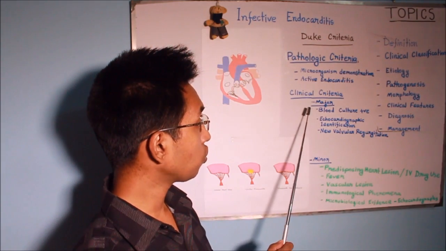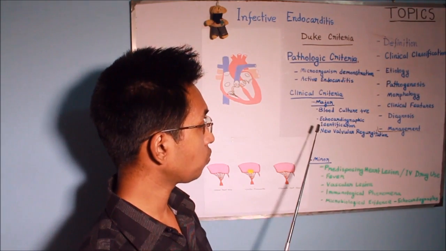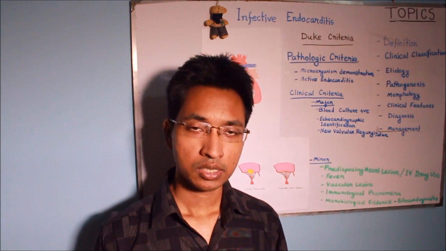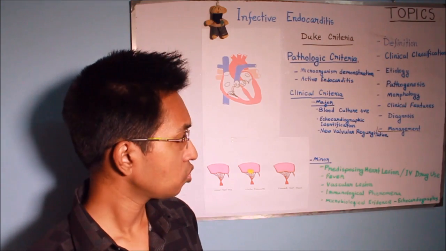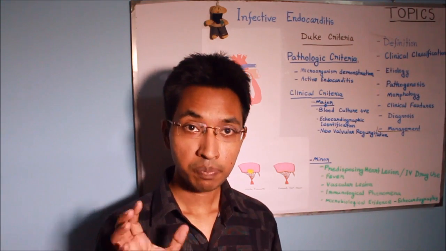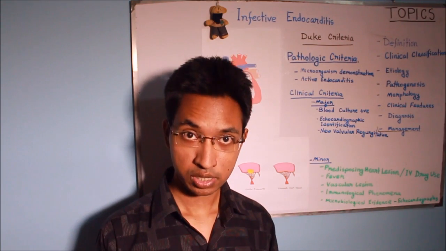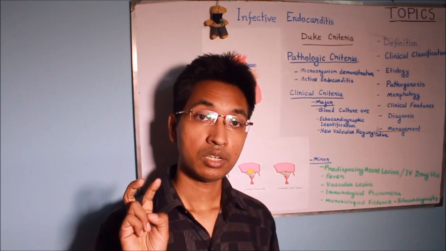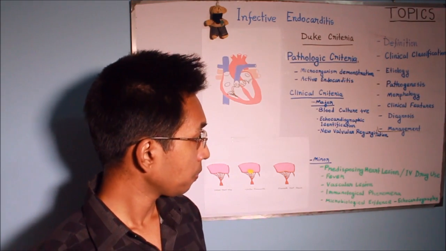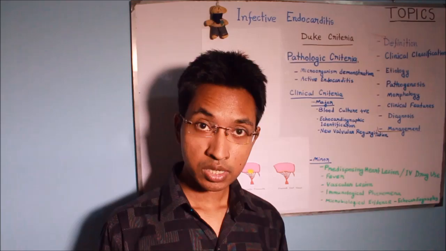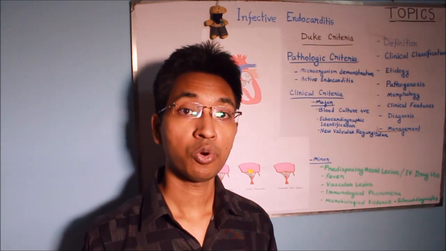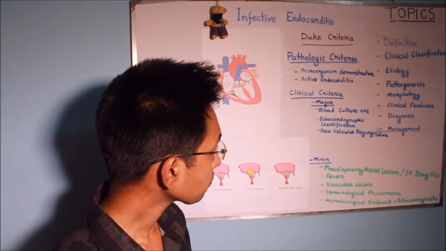Among the major clinical criteria, the first one is positive blood culture. In case of infective endocarditis, we will consider blood culture positive when typical causative microorganisms are found in at least two cultures, or when we are seeing persistently positive culture in case of uncommon microorganism.